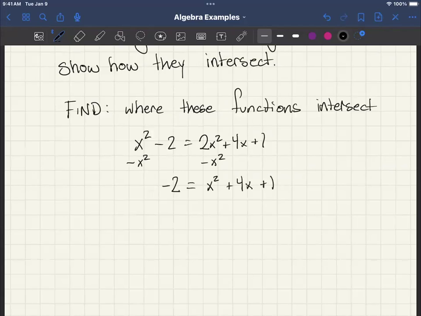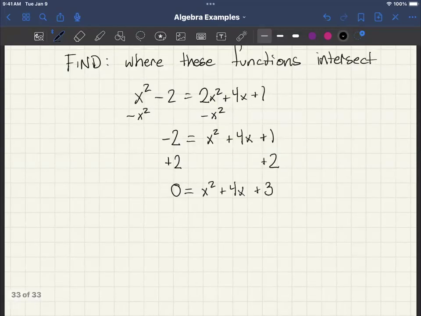Everything else comes down. Let's get that 2 over onto the right-hand side, so we're going to add 2 to both sides. That leaves us with 0 on the left-hand side, and on the right-hand side we end up with x squared plus 4x plus 3.